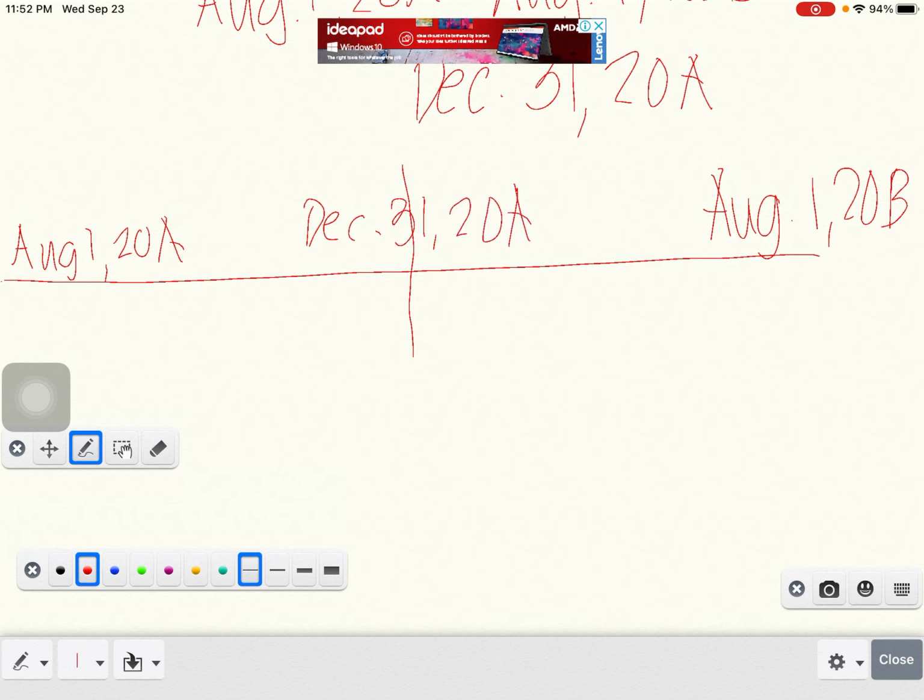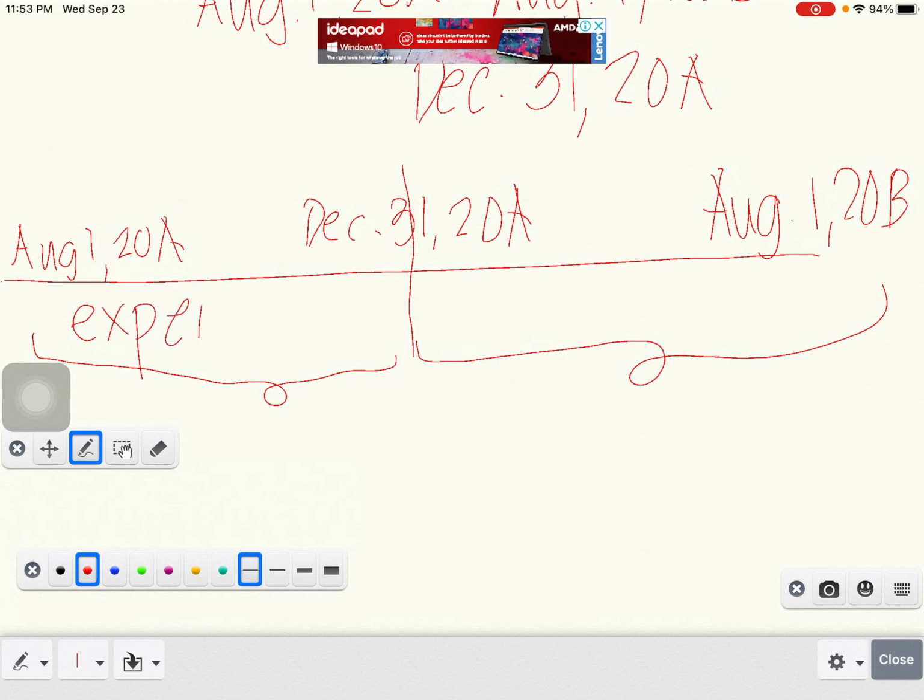So in this case, 20A. Meaning, for the first accounting period, you have here August 1 to December 31. We also have January 1, 20B until August 1, 20B. What is the importance? By December 31, 20A, take note, we're talking about insurance here. So for this period, this is our expense portion, while this period is our asset portion.